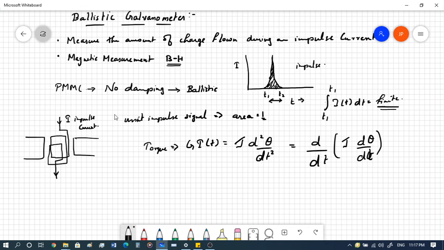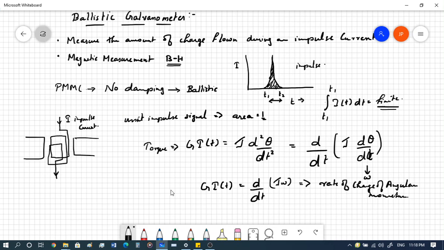Here J into d theta by dt can be written as J omega, where omega is the angular velocity, and J omega will be the angular momentum. So basically G into I of t is the derivative of angular momentum J omega, which is the rate of change of angular momentum in this case.